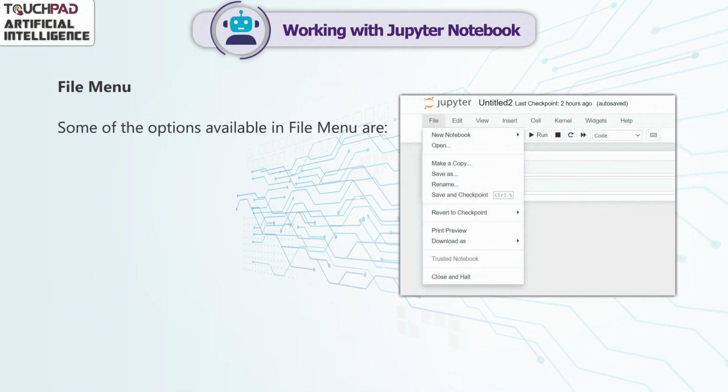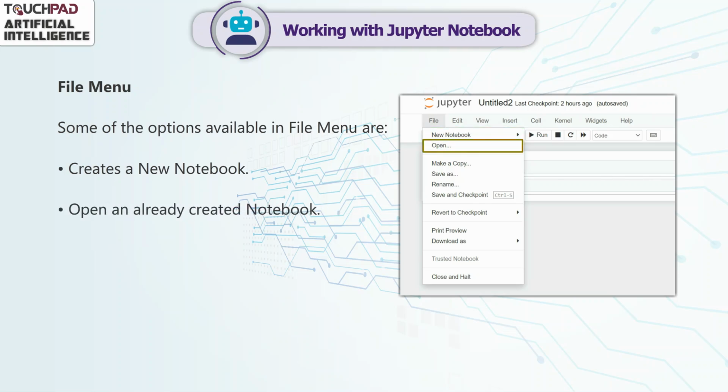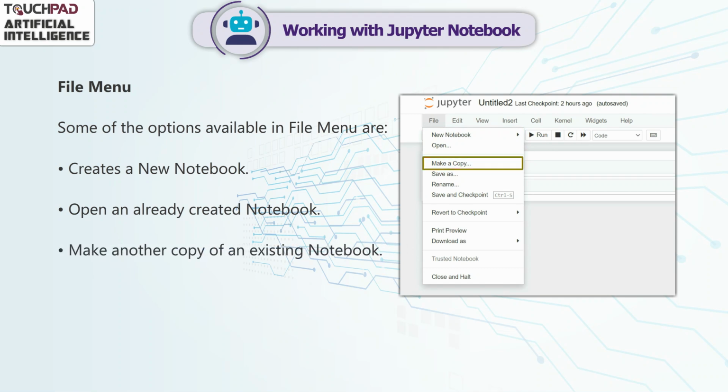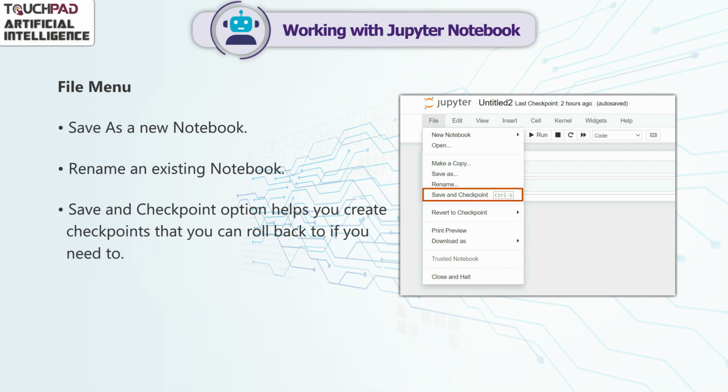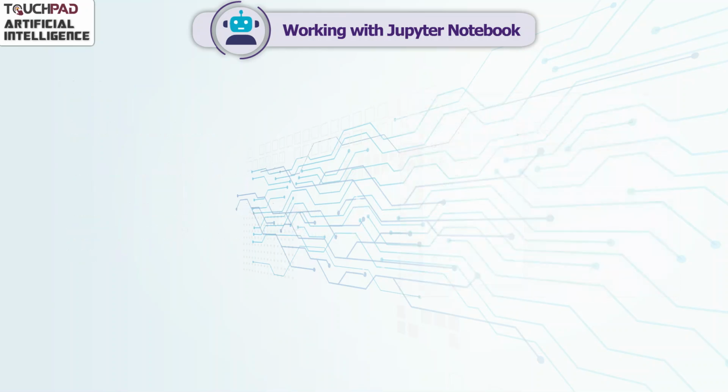Some of the options available in the File menu are: create a new notebook, open an already created notebook, make another copy of an existing notebook, save as a notebook, rename an existing notebook. Save and checkpoint options help you create checkpoints that you can roll back to if you need to.